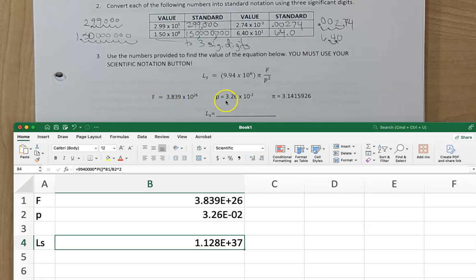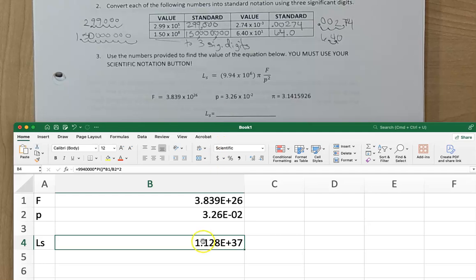How many does P have? 3. So if one measurement has 4 significant digits and one has 3, I have to round to 3. You have to round your answer to the lowest number of significant digits, because 3 significant digits is all I can justify in my answer. My value of P is what's limiting the accuracy of my answer.